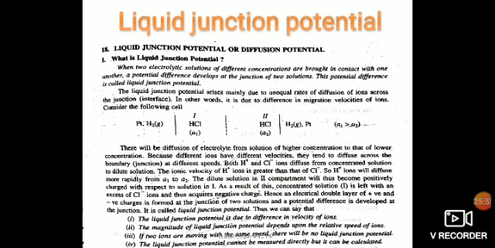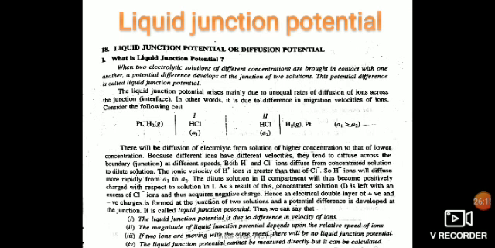Now, the concept of liquid junction potential. When two electrolytic solutions of different concentrations are brought in contact with one another, a potential difference develops at the junction of the two solutions, and this potential difference is called the liquid junction potential. The liquid junction potential arises mainly due to unequal rates of diffusion of ions across the junction.